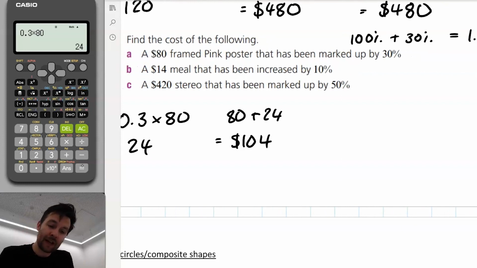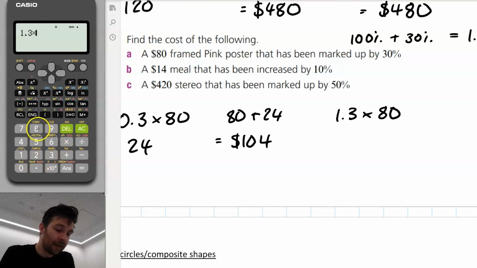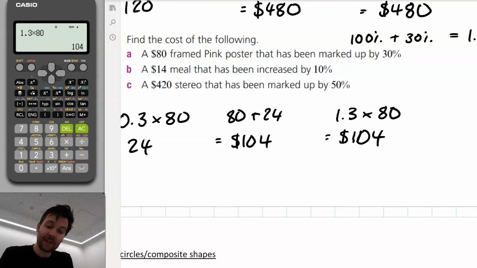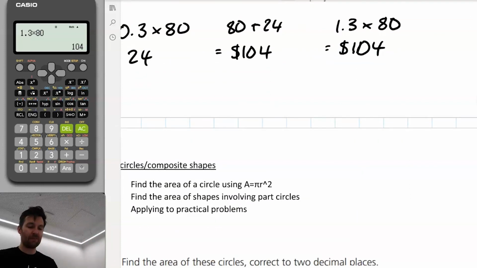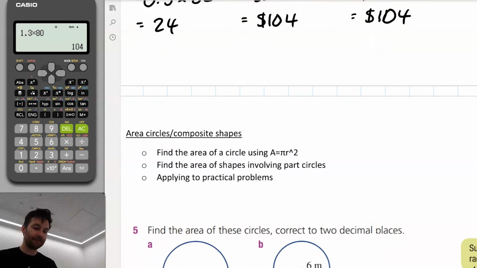So we could do it like this instead, 1.3 times 80. And just to prove I'm not a liar on the calculator, 1.3 times 80 gives us 104, which is the same answer. So yeah, similar to the other question, it doesn't matter which way you do it, but you can either find the percentage, the amount that you're marking it up by, or add it on, or figure it out as, you know, an extra percentage that you want on top of it.